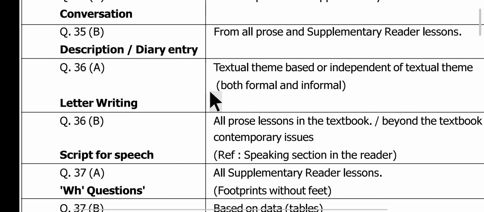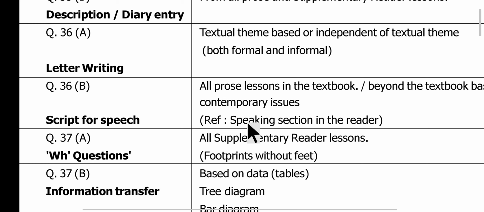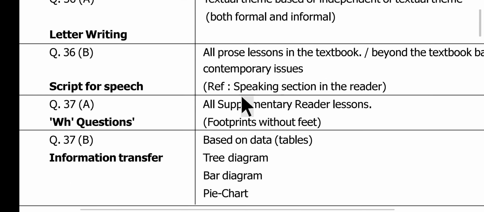So dear students, in our textbooks we have a textbook component called the speaking section. In all reading lessons we do have titles like working with language, working with text, and speaking and writing. Under speaking we can have this script for speech activity so that we can prepare well.